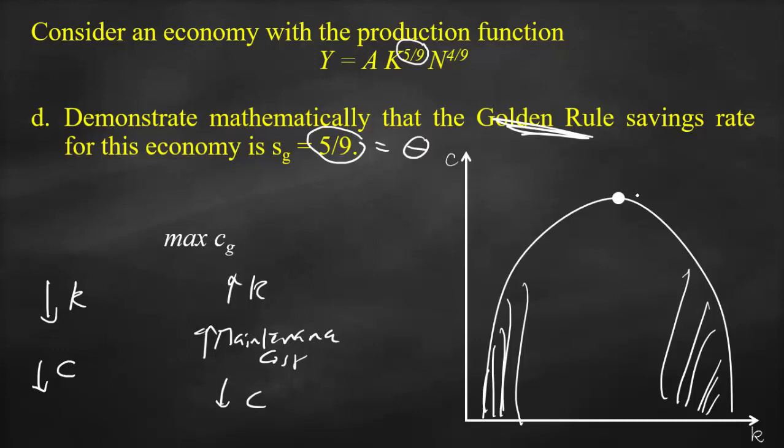So this is our highest point. From this point, I will go vertically in order to get the golden rule capital per capita, and consequently, it will give us our golden rule consumption per capita, which means at this point, we have our maximum consumption. And I will put here little g, which means this is our maximum consumption.